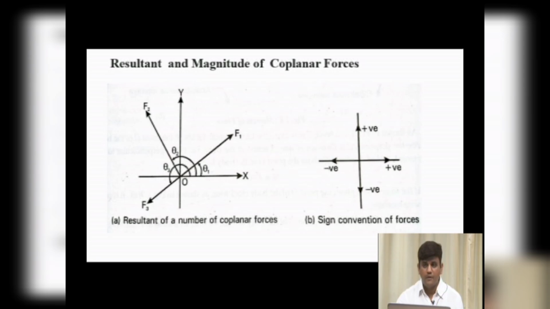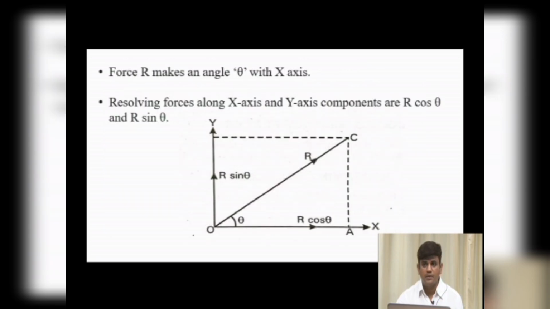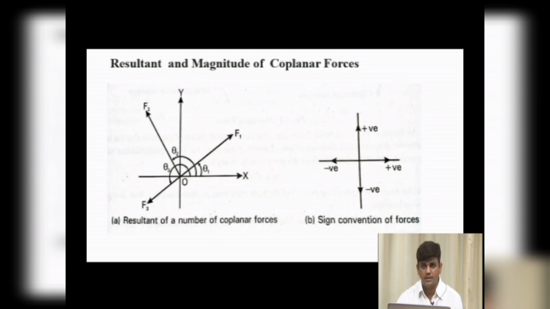Before that, first we have to observe the difference in this picture. The theta is making an angle with respect to the x axis. Either we can follow the first one, or we can solve the problem with the second one, the sign convention of the forces. Either of these we can follow to solve the problem.